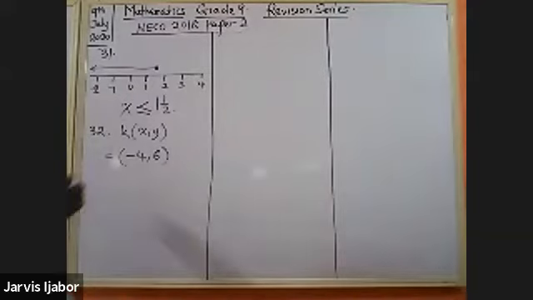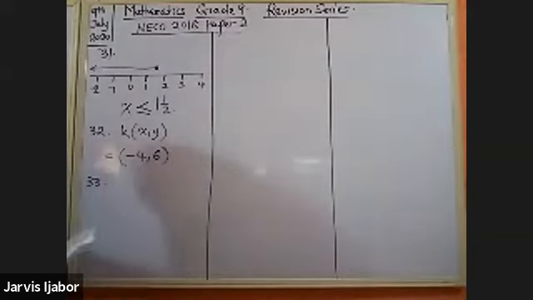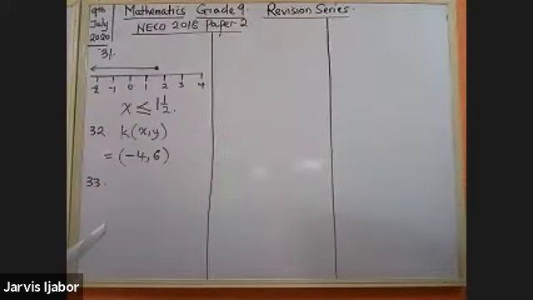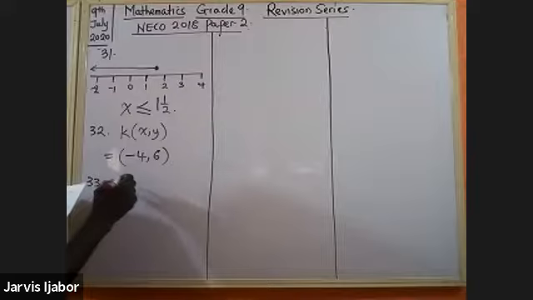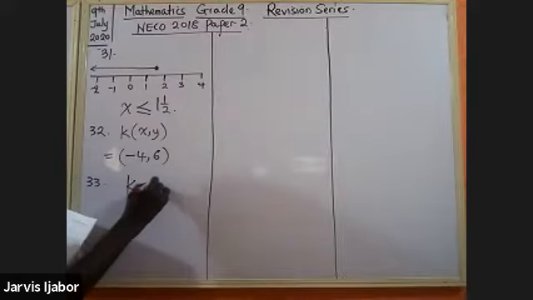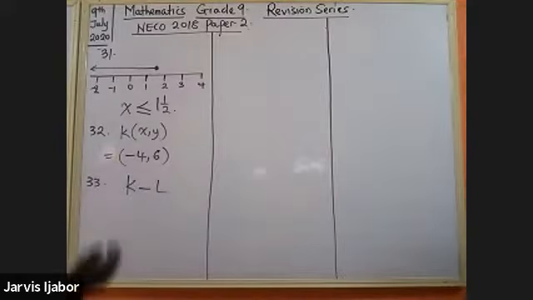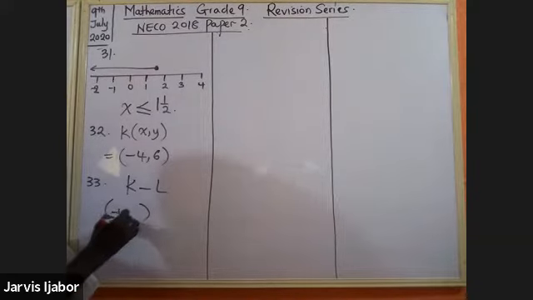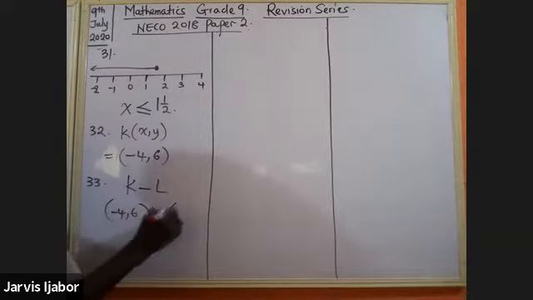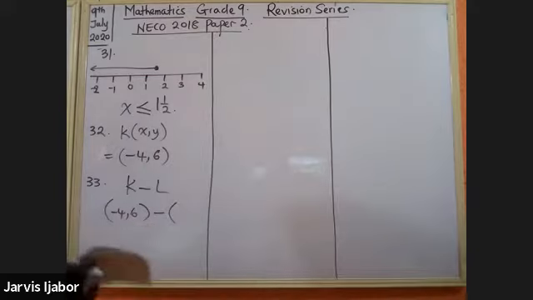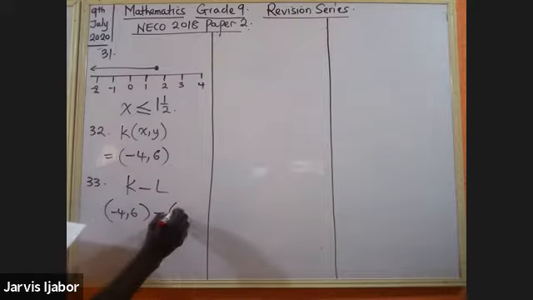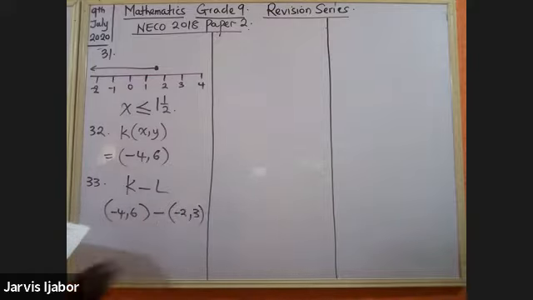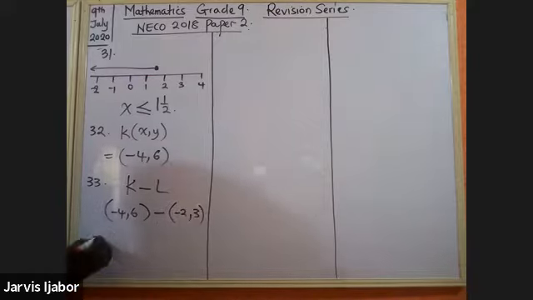Question 33 says we should subtract the coordinate of L from the coordinate of K. It means what they want you to do is K minus L. So what is the coordinate of K? It is -4 and 6. What is the coordinate of L? Coordinate of L is -2 and 3. So what would that be?